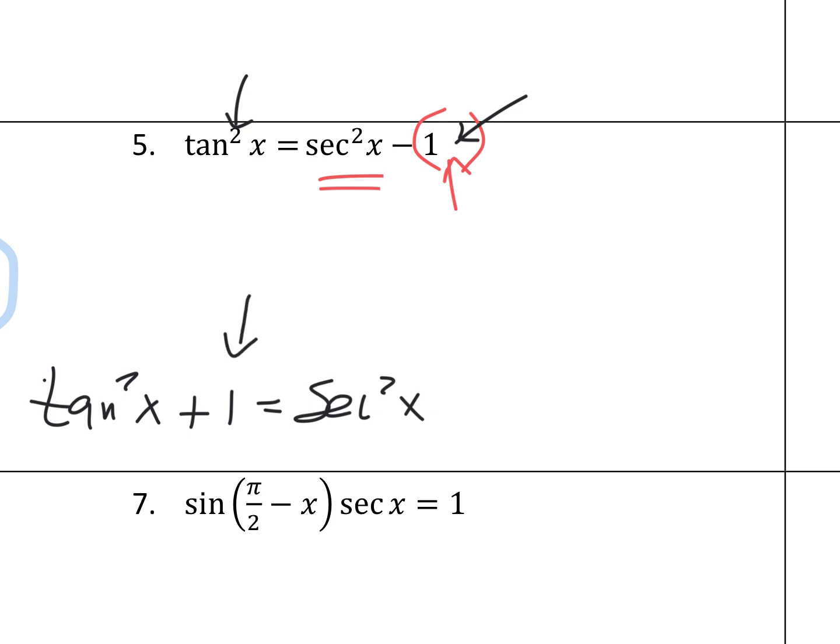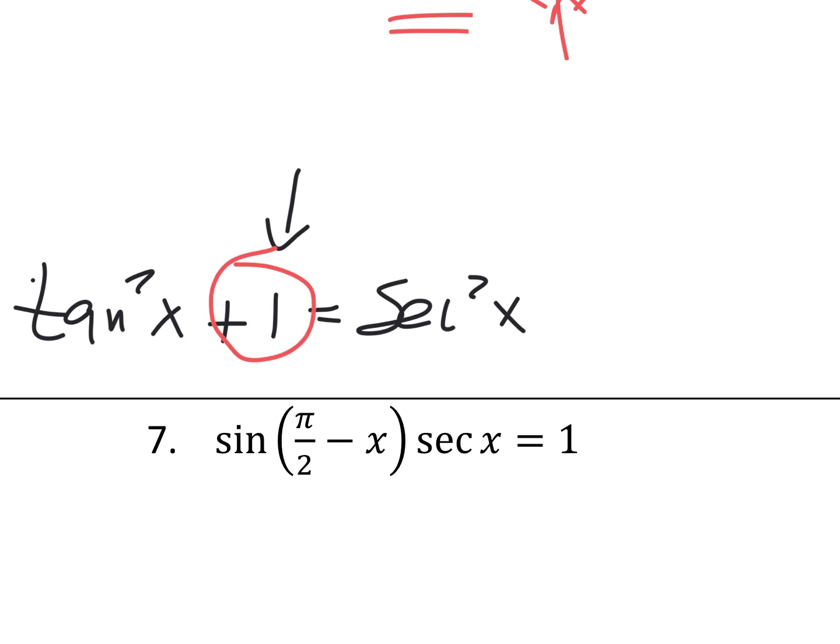The 1 isn't alone here. But would you agree we can get the 1 alone? If I could get the 1 alone, I'd know what I could put in. So, if I was going to get that 1 alone, how would I do it? Subtract tangent. Very good.